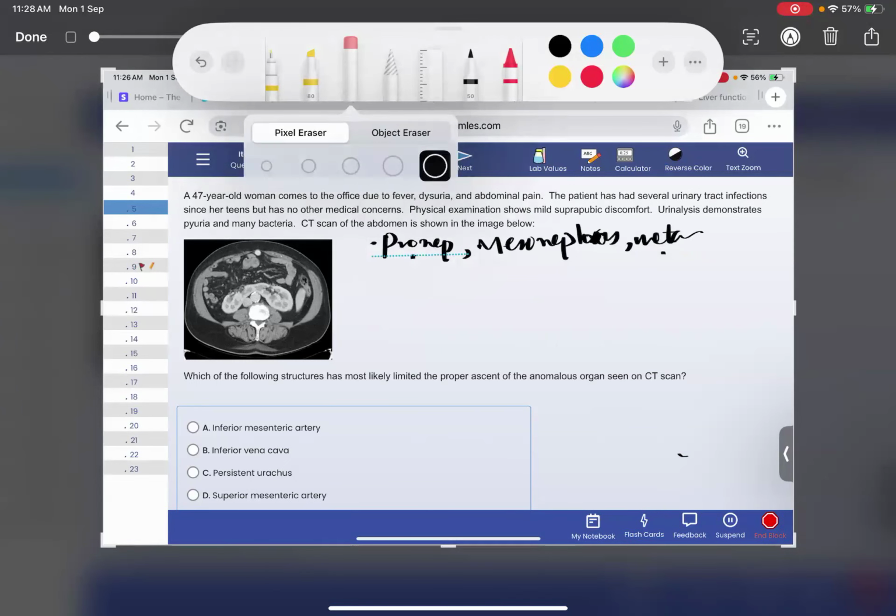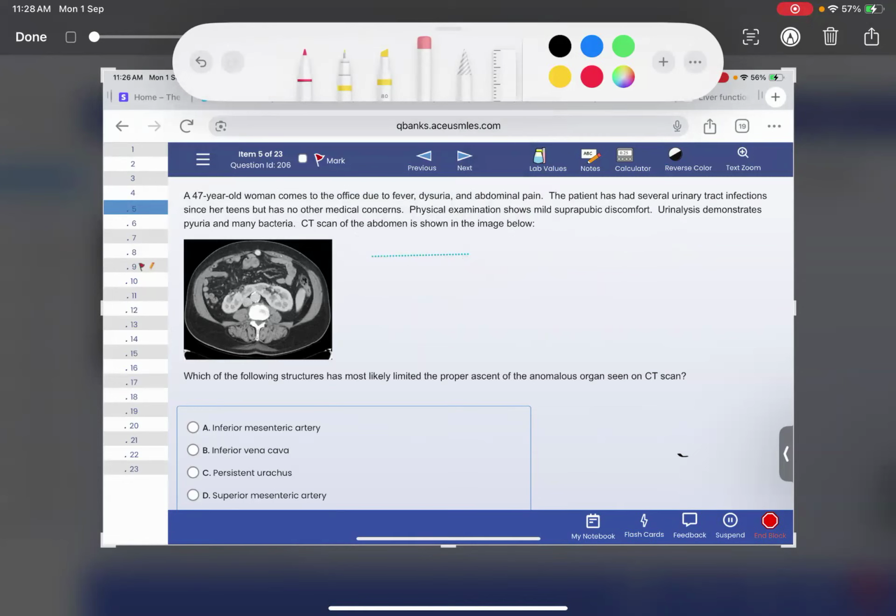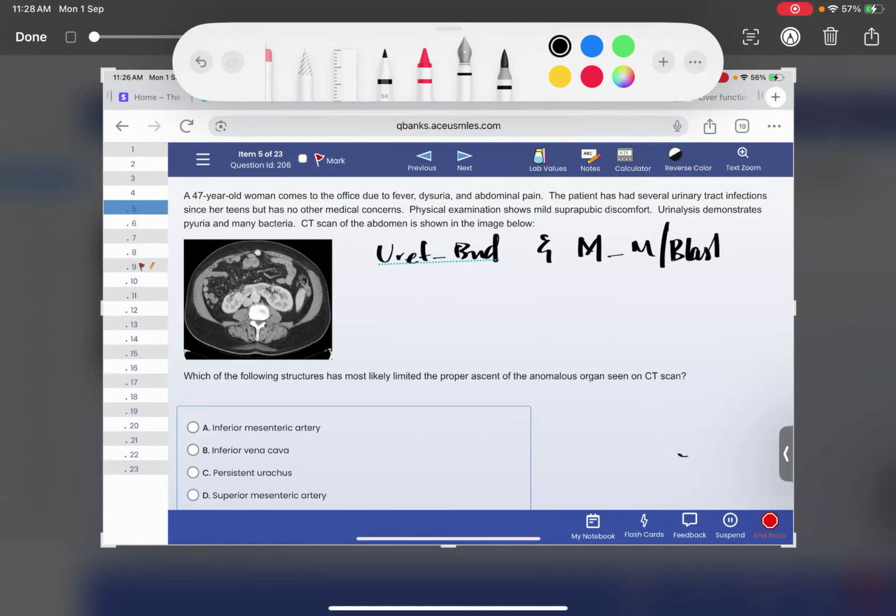This is the basic concept, and after that we learn in embryology that we have two important structures, right? The ureteric bud and the metanephric mesenchyme, or blastema. You know this, right?